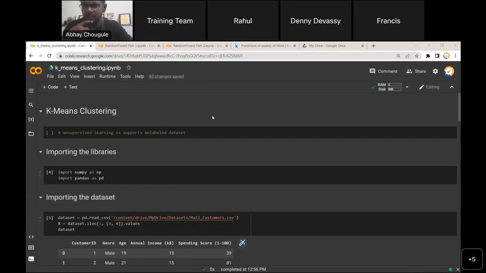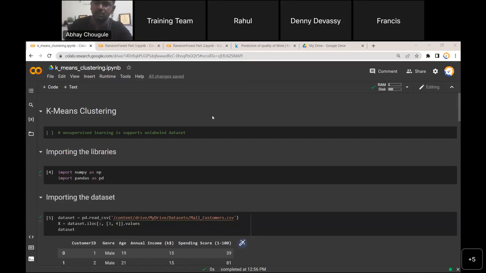K neighbors is nothing but finding the nearest data points. It is different because you already know the labels, and you are telling it to find out Abhay or Rahul. You are finding who is the nearest to Abhay and who is the nearest to Rahul.